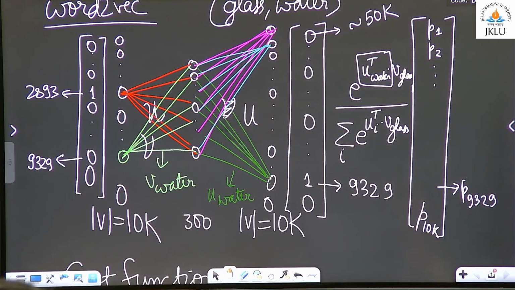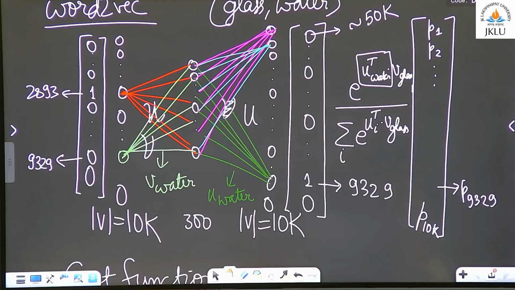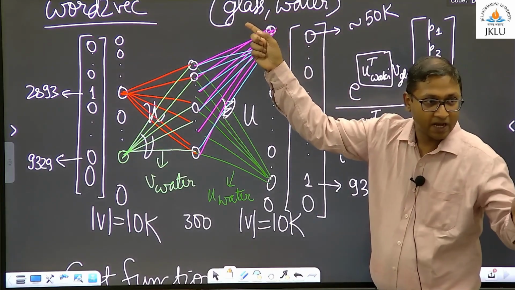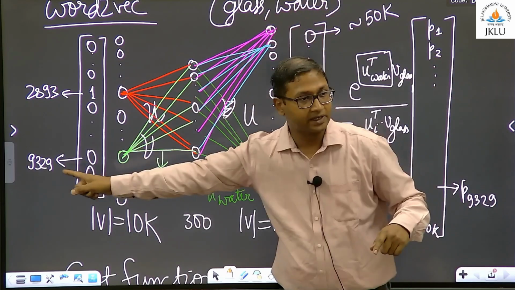The light green one, V water, it is for some other example when it is water. See, right now my center word is glass. I am talking about the input vector where everything is zero, and only position 2893 is set to 1 because the term was glass. The 9329 you wrote in the input is for when the center word will be water. Exactly, so in this example this green will not come. In the example "so please give me a glass of water", two timestamps later I will have water as the center word.